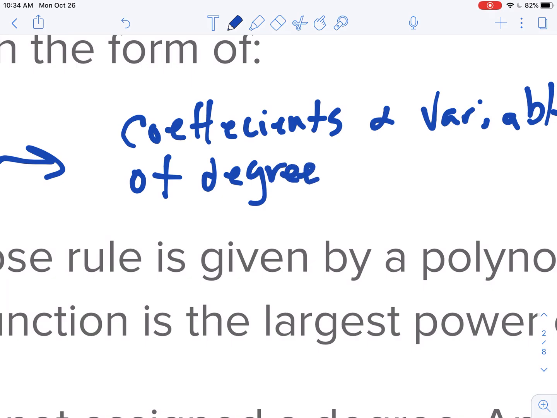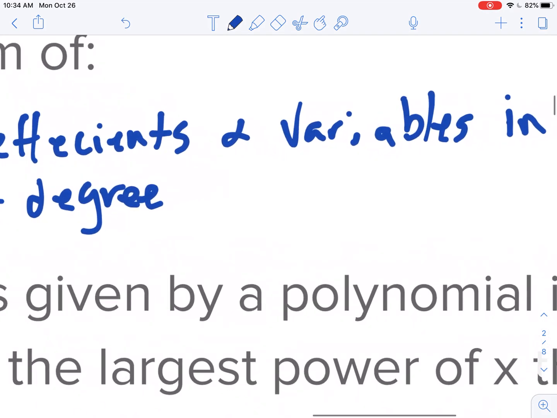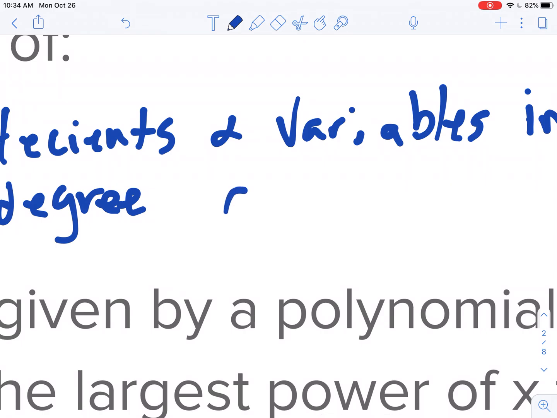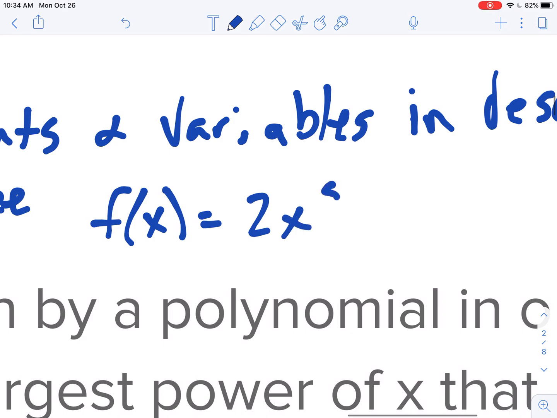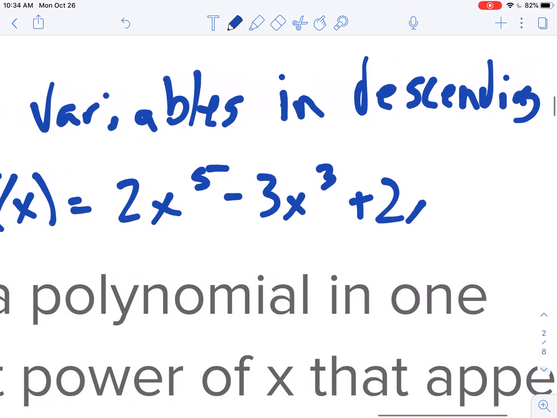So my coefficients and variables are in descending order of degree. Let's say I had something to the fifth power. I would say f of x is equal to 2x to the fifth minus 3x cubed plus 2x squared minus 2. The important thing here is I am descending in order of my powers.